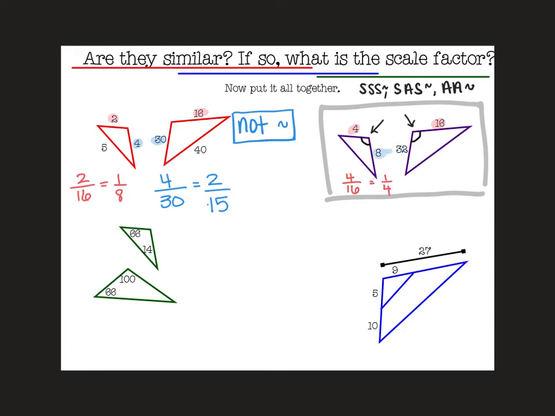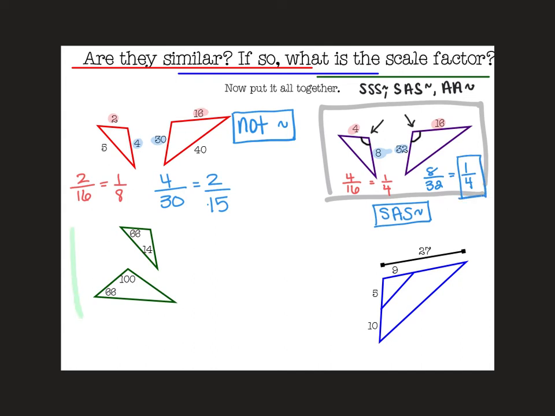Larger side's 8 and 32. 8 over 32 is also 1/4. So these are similar because side, angle, side. You could write a similarity statement if it asks you to. Scale factor is 1/4.